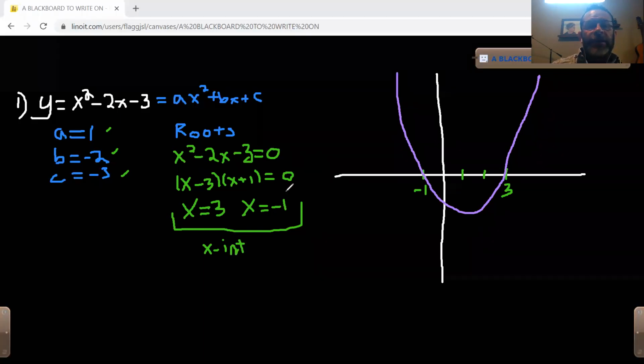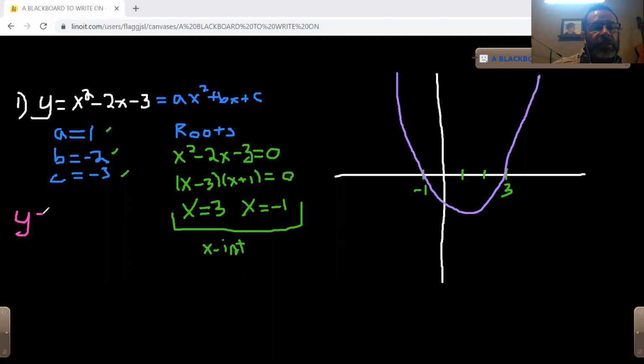Now, if we want to find the y-intercepts, I'm going to do that in a different color. The y-intercepts are going to be, I'm going to do them over here. How do we find the y-intercepts? We make x equal 0.